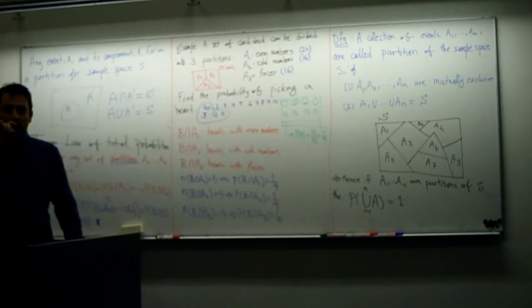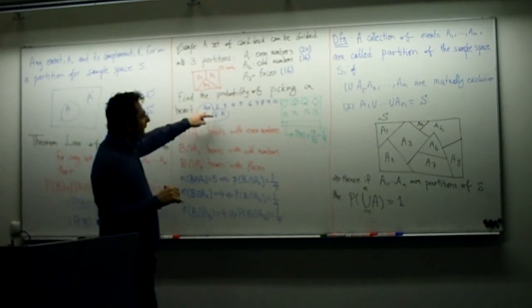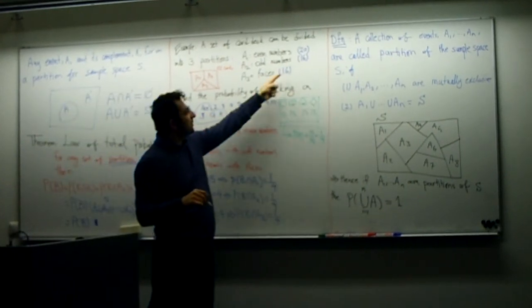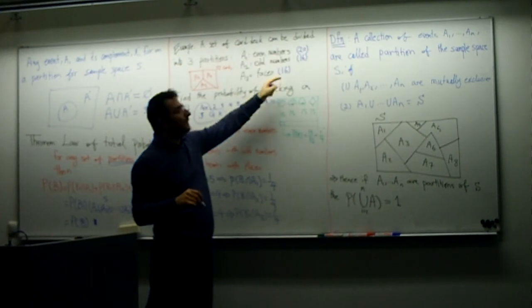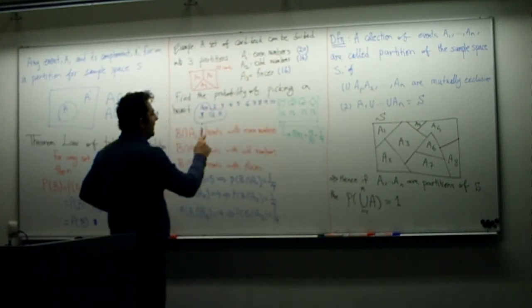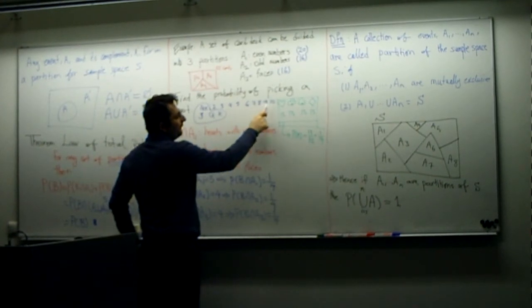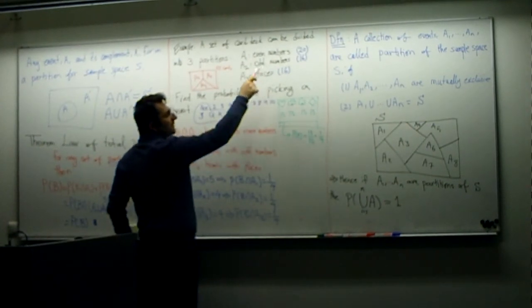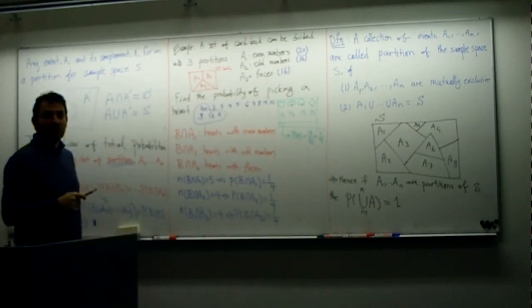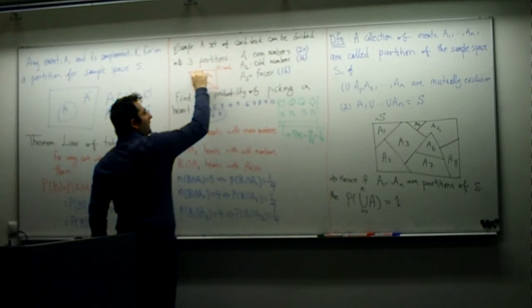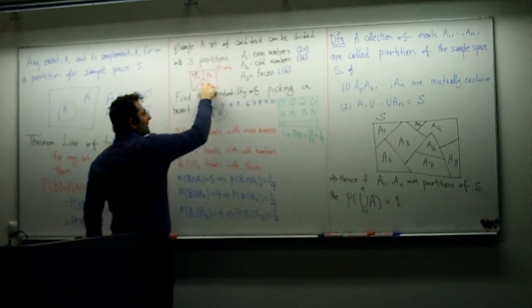We have 4 faces in each set, so it means we have 16 here. We have 5 even numbers in each set. So 5 multiplied by 4, there are 20. So we have 20 in here, we have 16 in here.